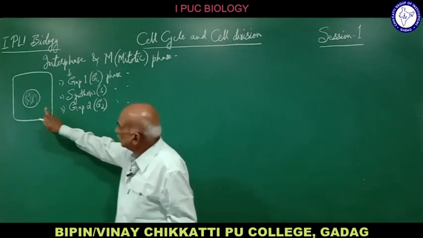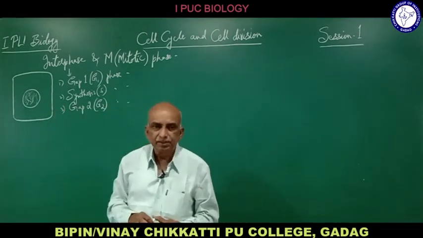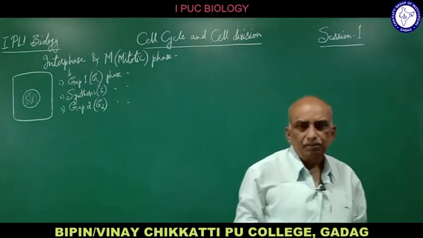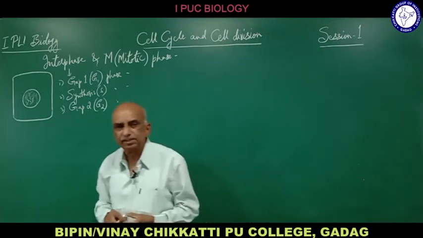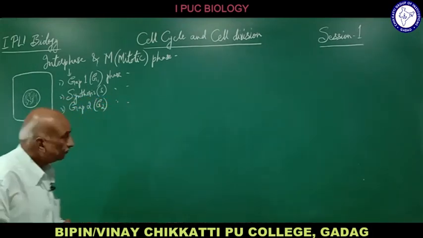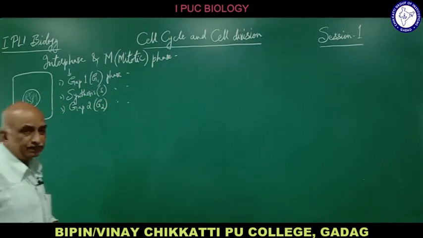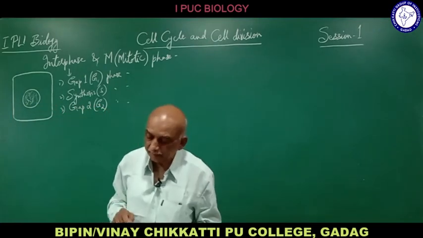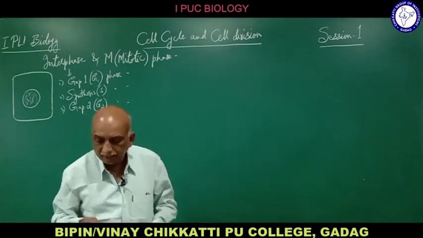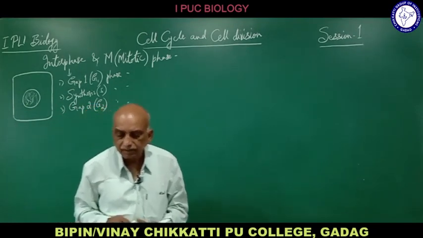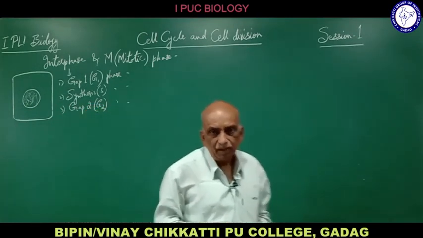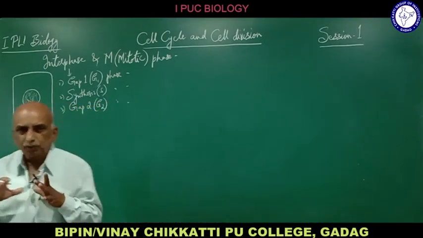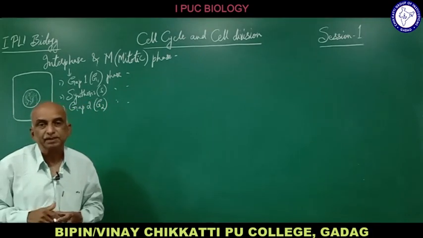Now these three phases we cannot see morphologically in the cell, but they are all molecular changes going on in the cell. For example, in the gap 1 phase, what happens? There is a synthesis of RNA and proteins. RNA and proteins are synthesized in this stage, and the normal cell somewhat grows to its maximum size.